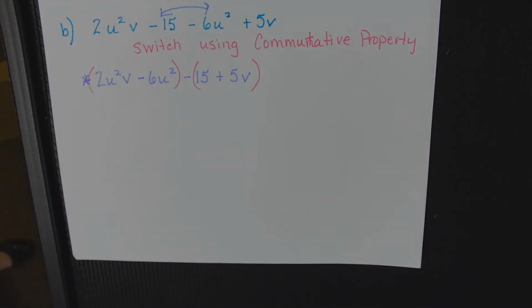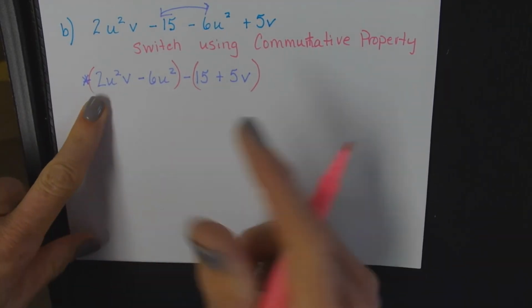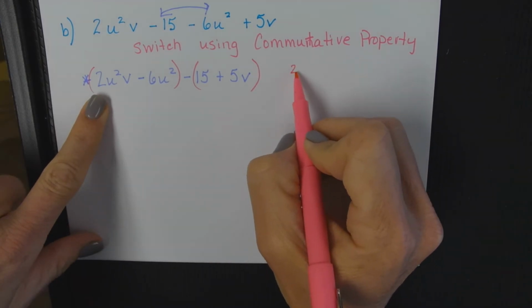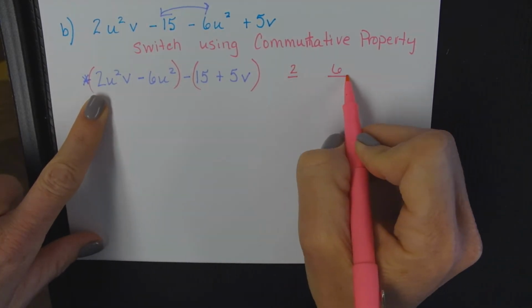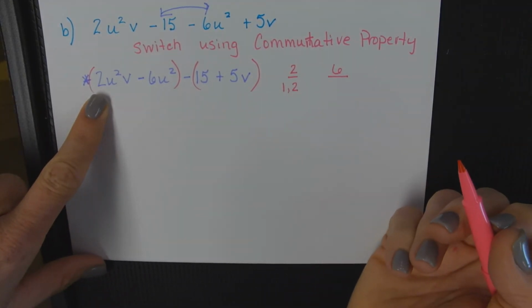Here are our two problems. This is the two problems in one. So I'm going to go over here and do my scratch work. My two numbers are 2 and 6. Factors of 2 are simply 1 and 2.